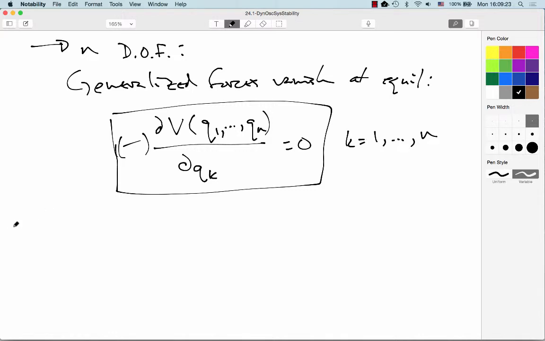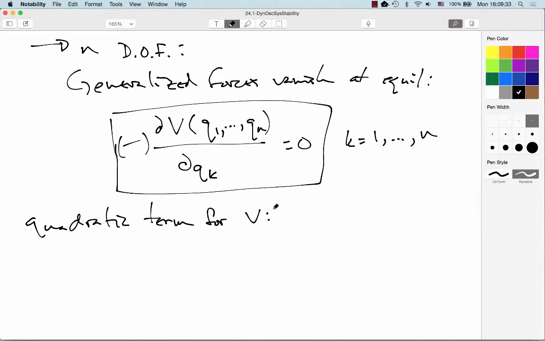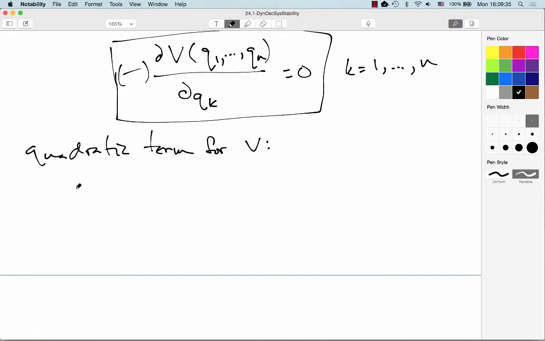So our quadratic term for V is going to look something like V of Q1 to Qn will equal 1/2. And then we're going to just have a whole bunch of coupling constants, which we can't really call spring constants anymore because they might not be springs.